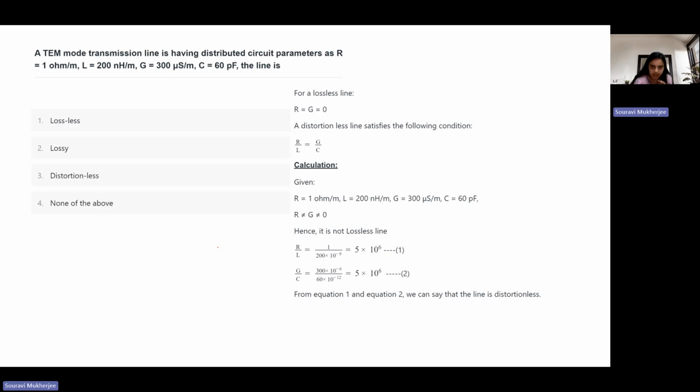Now, there's another question which says that you have a lossy transmission line. That means alpha is not zero. The resistance per unit length is given, which is 0.05 ohm per meter. And the line is distortionless. That means R by L equals G by C. That has to be satisfied, and it has a characteristic impedance of 50 ohm.